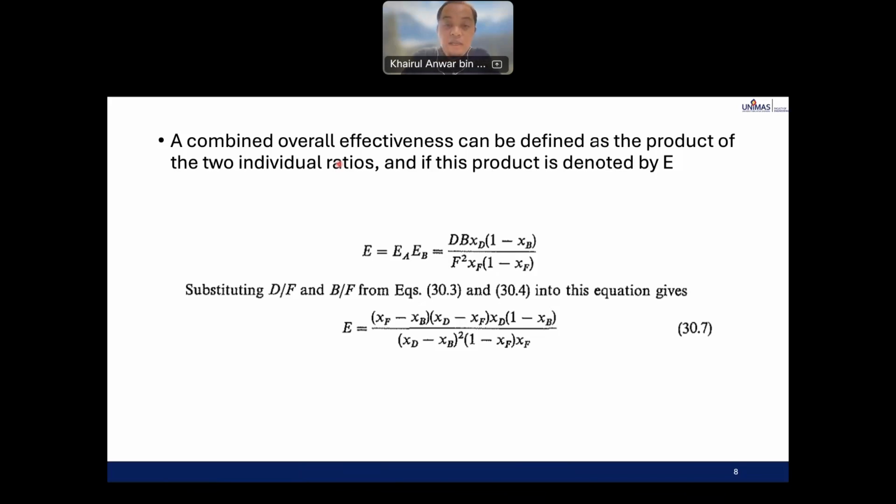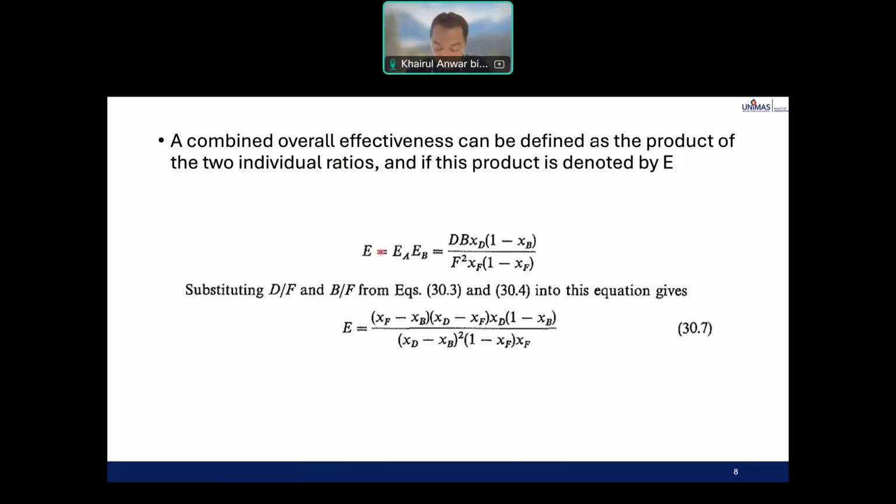So equal to EA, EB. So that equation is, oh, there's no number. So, okay, the one is a combination of EA and EB, substituting D over F and B over F from equations 30.3 and 30.4 in this equation.